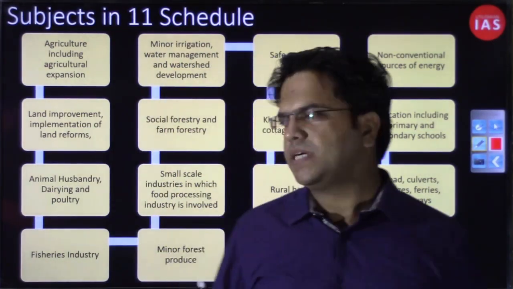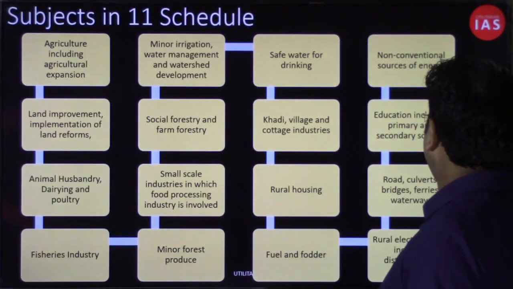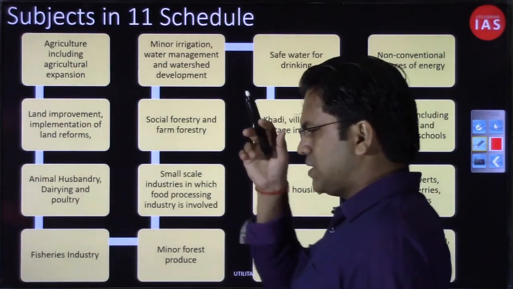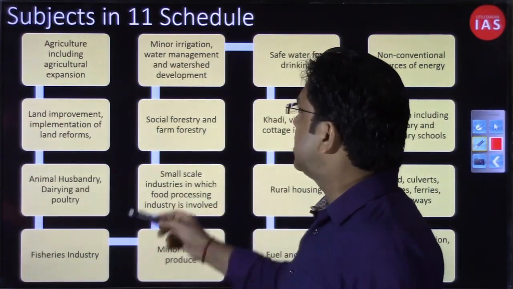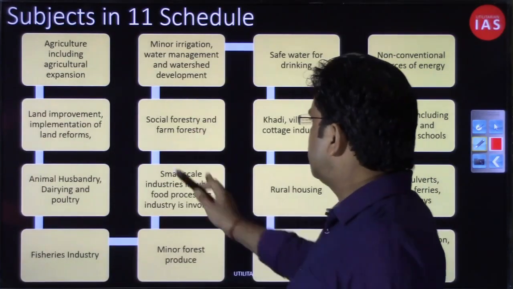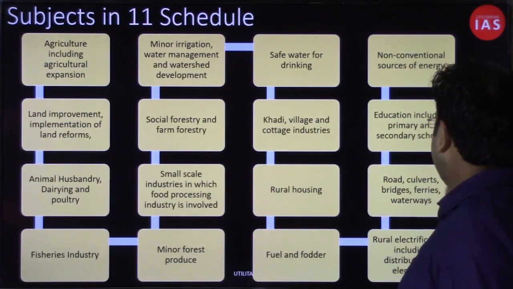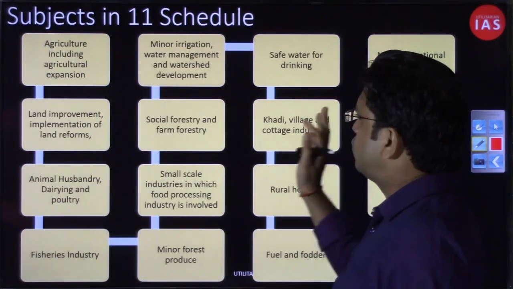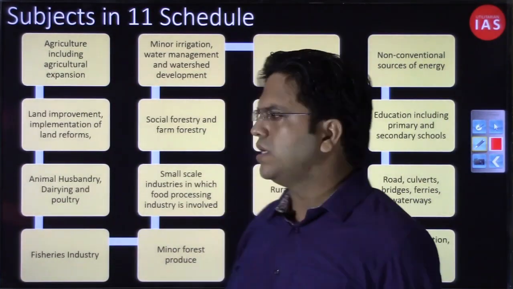So what are those 29 items? We can see them one by one, although I have already cited most of them. These are agriculture, including agriculture extension, land, and so on. All these things are very factual. If you go through them one by one, two or three times, you can remember all these items.